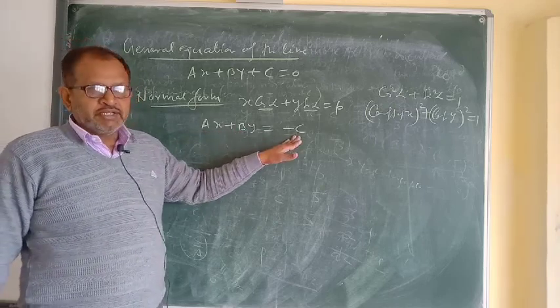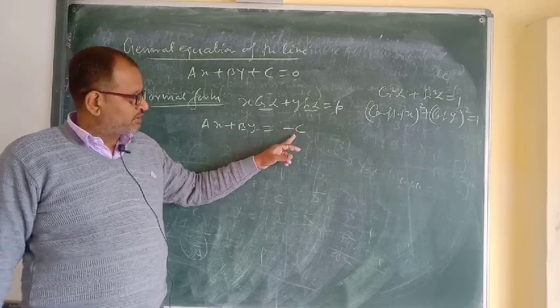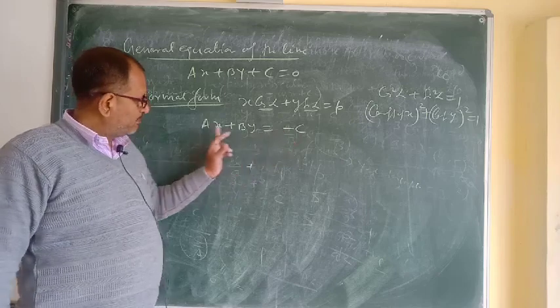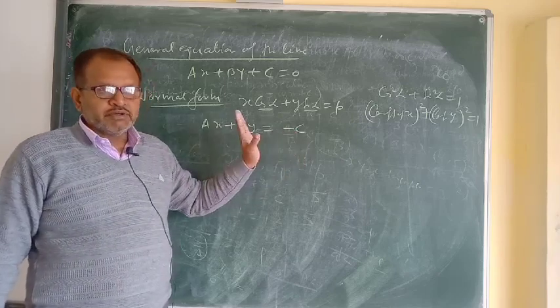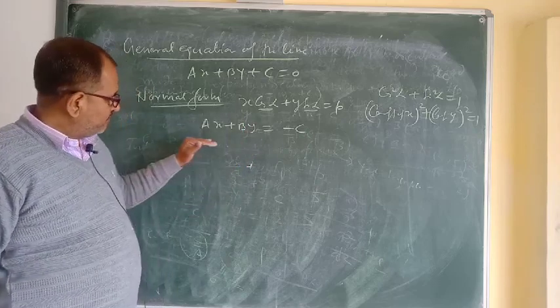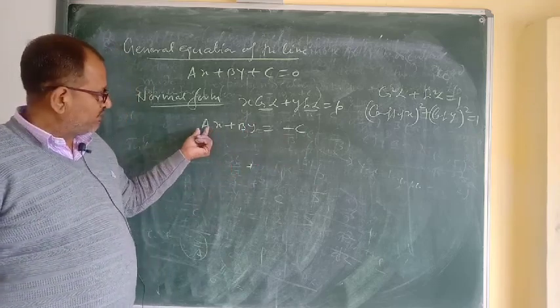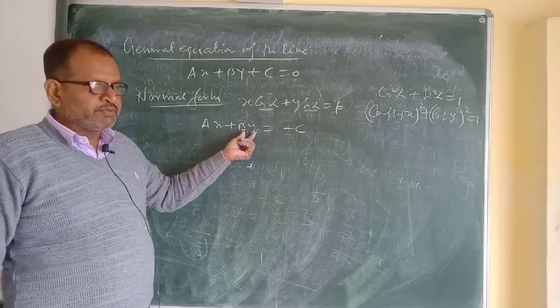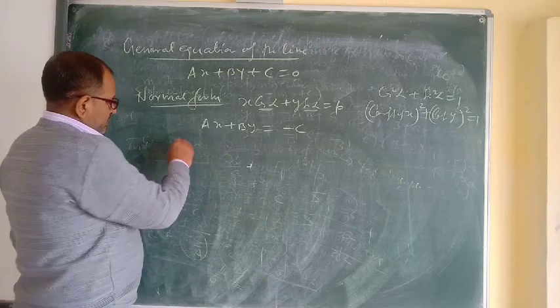If it is negative, firstly we have to make the right side positive. How we can make it positive? Suppose it is negative. Multiplying whole the equation by minus 1, we can make it positive. And after that we will divide whole the equation by under root coefficient of x whole square plus coefficient of y whole square, meaning under root a square plus b square.